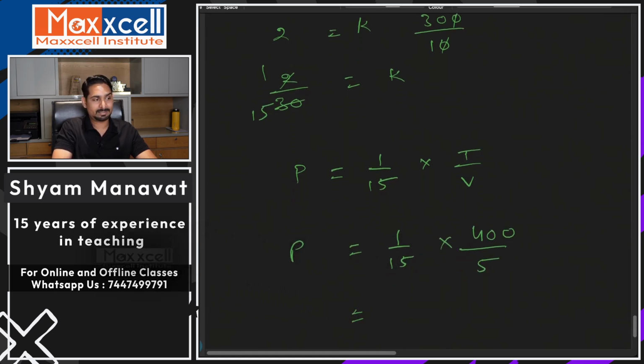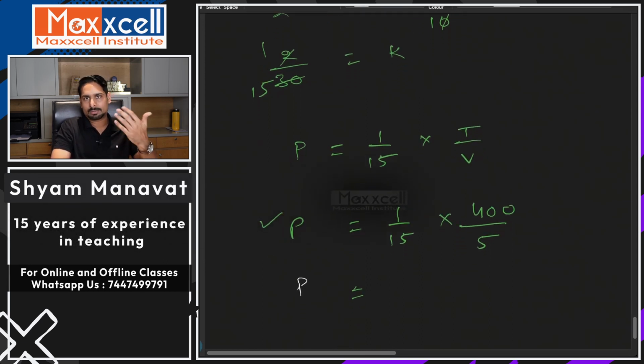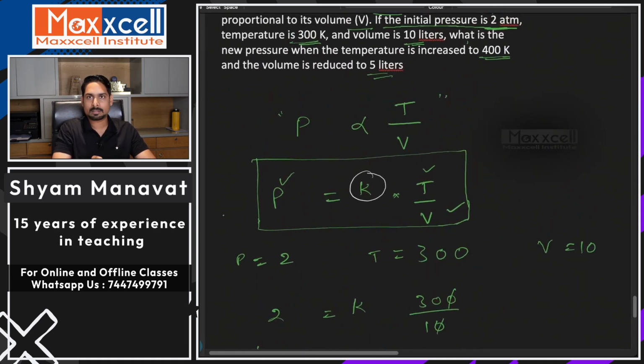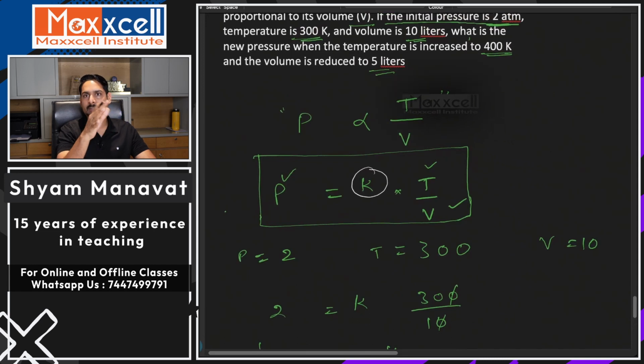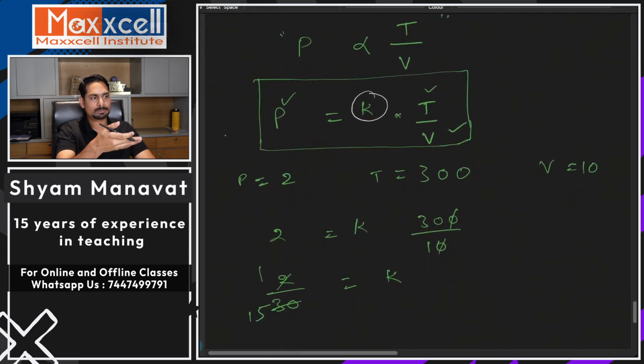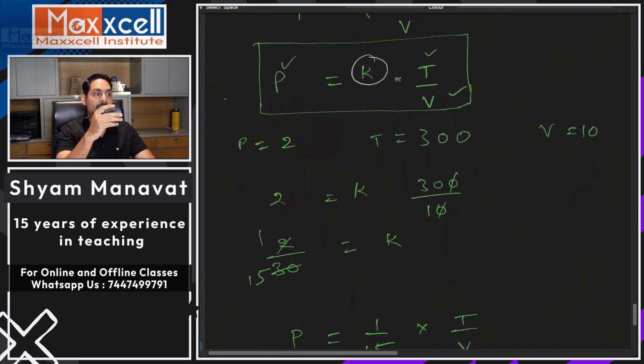Can we simplify and get the value of pressure? Come on, that's not very complicated. Calculation we keep on doing, but are you understanding the logic? Here we have directly proportional and inversely proportional, both things given. Better off making the equation, remove the sign of proportion, replace with the equal and proportional constant.